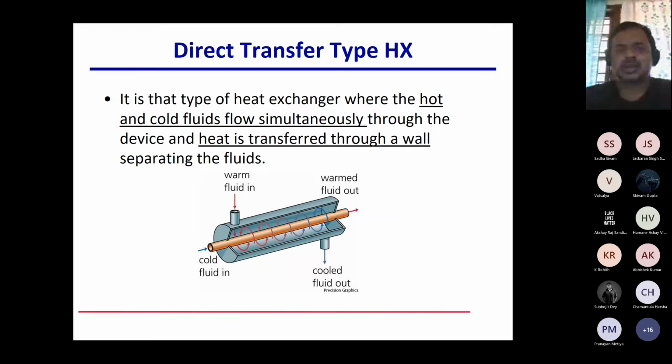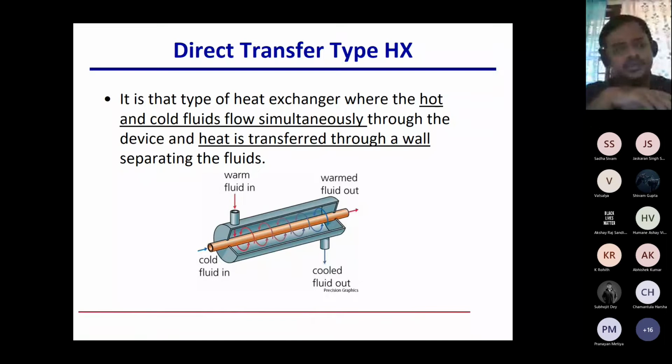So look at this. What is a direct transfer type heat exchanger? I'll read the definition first, and then we will dissect that sentence. It is that type of heat exchanger where the hot and cold fluids flow simultaneously through the device and heat is transferred through a wall separating the fluids. So the first thing is the hot and cold fluids flow simultaneously.